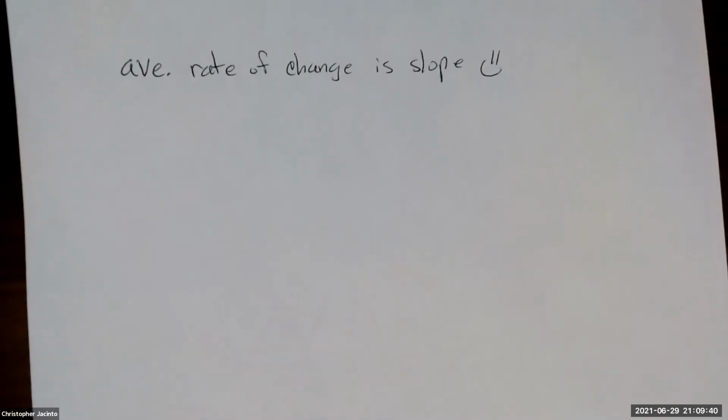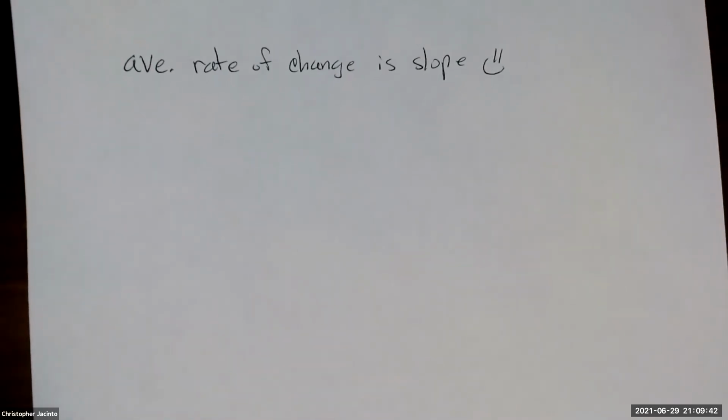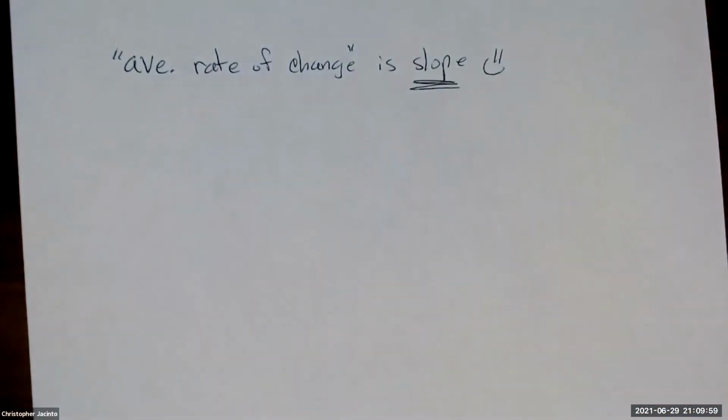Why? Because physics people think they're so special. That's why. But it is just slope. So when you think physics people talk a lot and use some crazy words, it just means the same thing as in algebra. They're just trying to make it all high and mighty. So average rate of change literally just means find the slope. That's all they're saying.